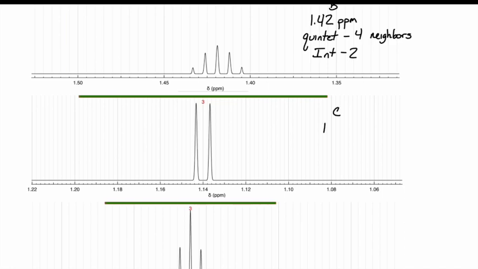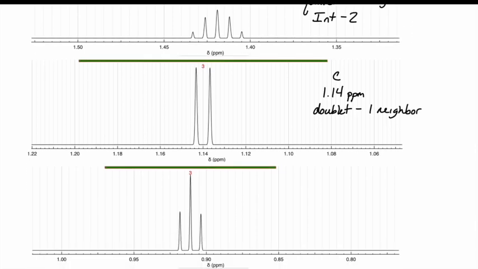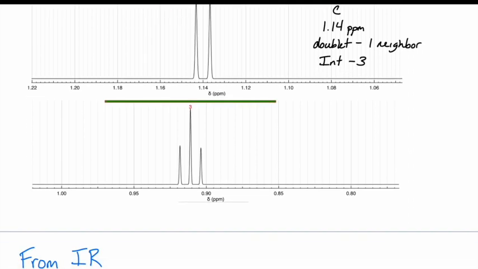C is at 1.14. It's a doublet, so just 1 neighbor. And my integration value is 3. And then lastly, I have a 0.91 ppm.